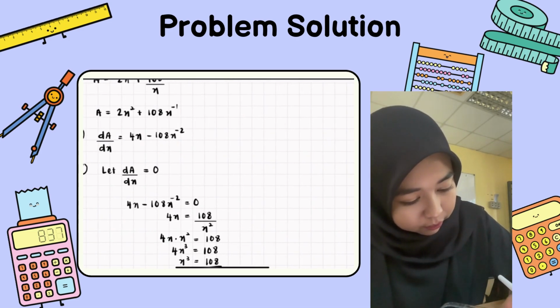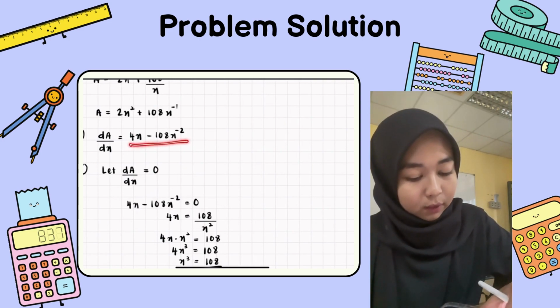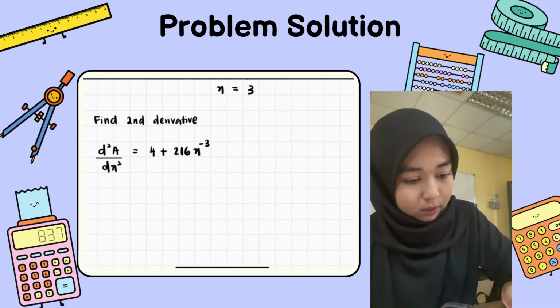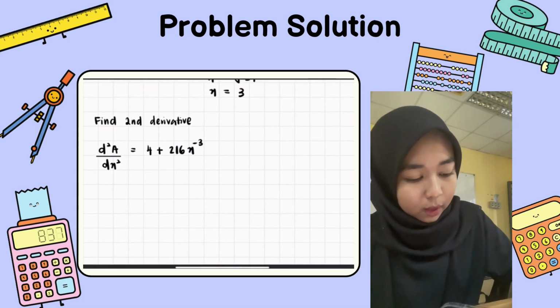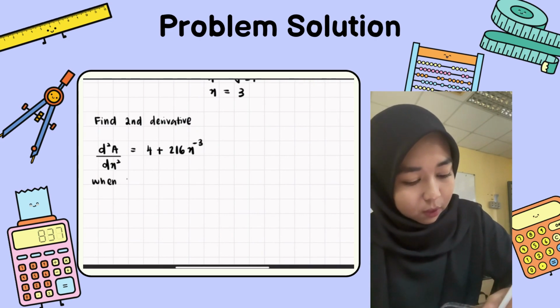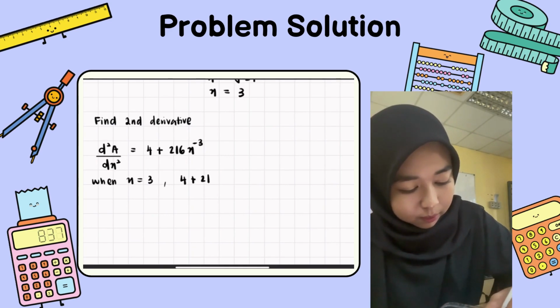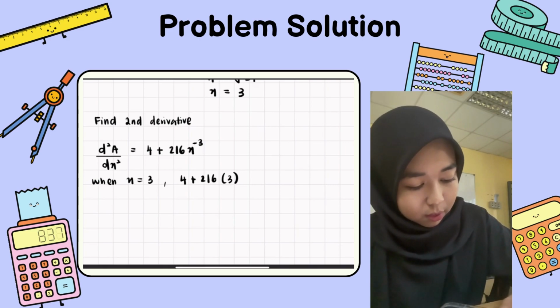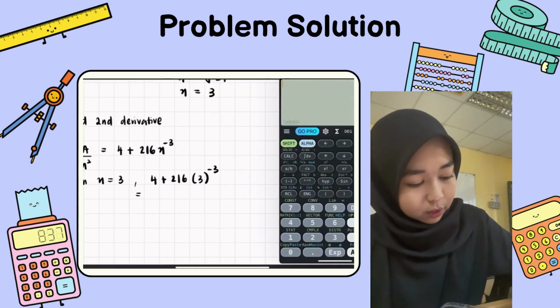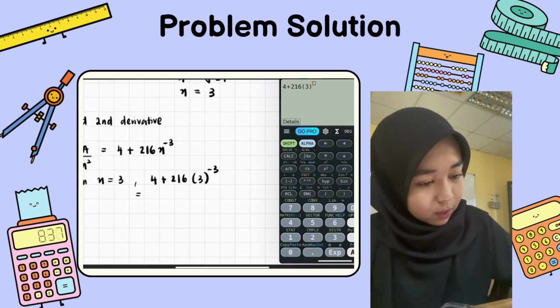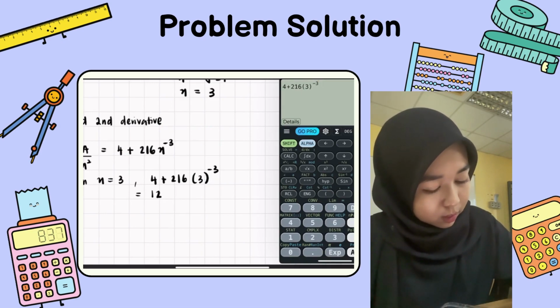We just find the second derivative from the first derivative, and then we substitute the value of 3. So when x equals 3, 4 plus 216 multiplied by 3 to the power of negative 3. We calculate this and we will get 12.